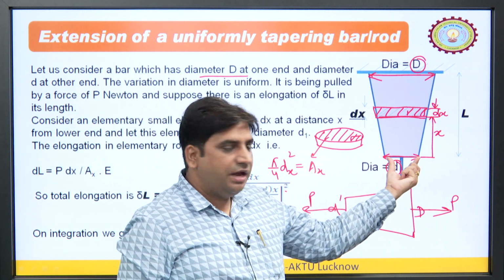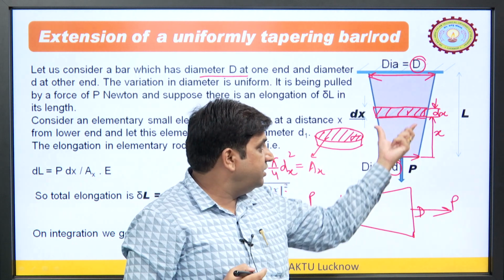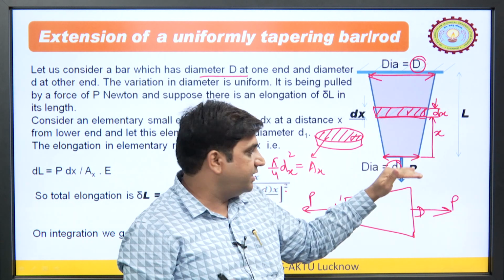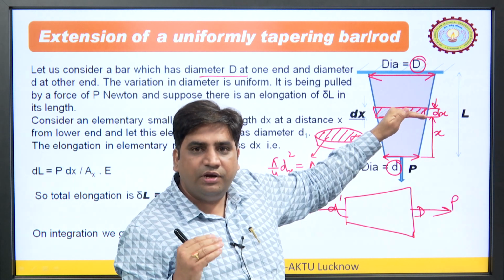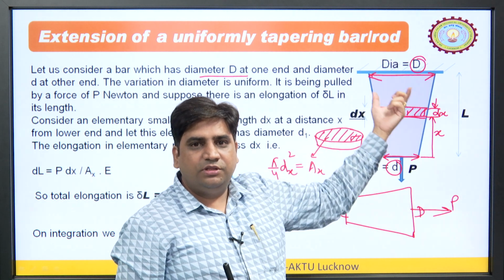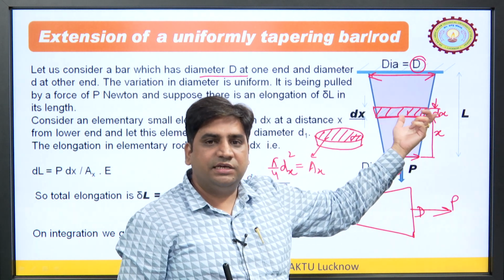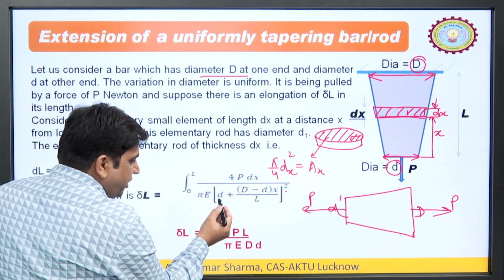Here we have the diameter small d, here we have the diameter capital D. So, at this particular point, at a distance of x from here to there, the diameter will have a value in between small d and capital D. So, let us say the diameter is dx. How can we calculate dx?